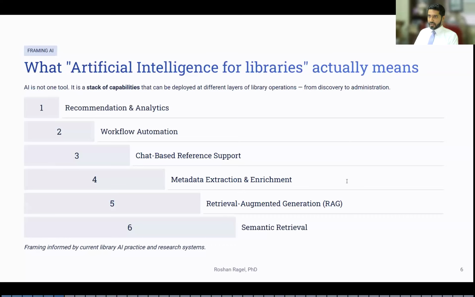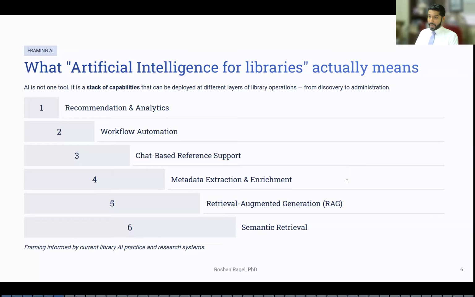Right. So what it really means is AI is no longer going to be just a tool that we can just use. If you want to make libraries a trusted entity, and at the same time provide the user experience that is needed, it has to be integrated.